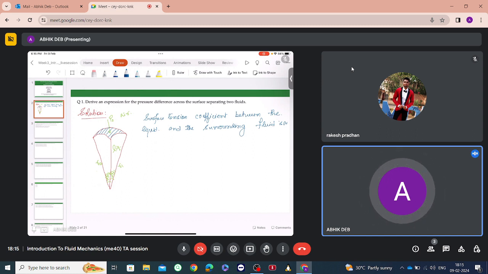Now we will first take the section which makes an angle d theta 1. So if we enlarge it, what we will see is that basically we are taking this section and enlarging it.